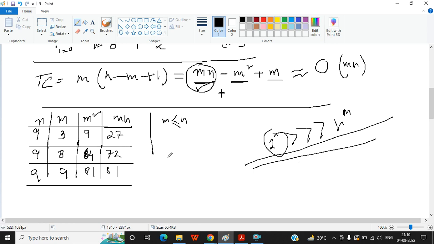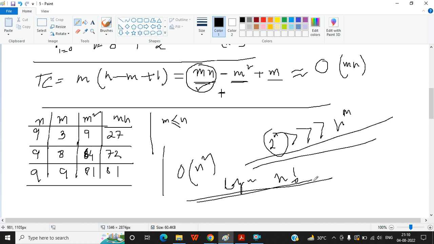Until this point, we found complexity in terms of n, either n square or log n or something, say, n factorial. All these types of functions are called polynomial functions, polynomial on n.